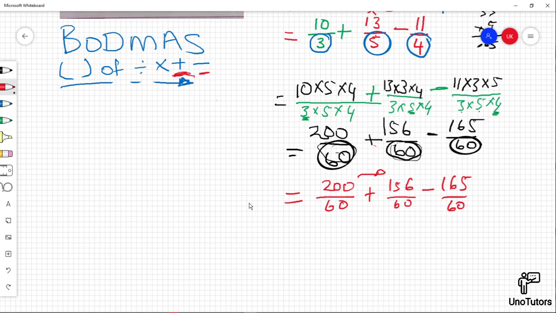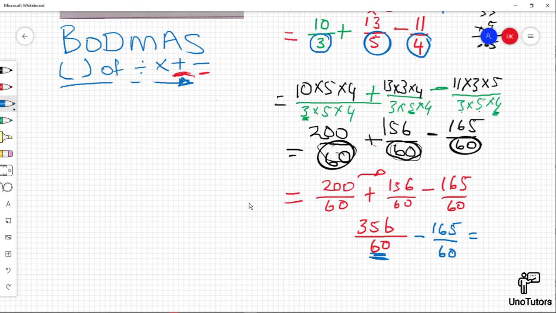Okay, so once you add, it will be 356 over 60. Very important, the numerator must not change. You don't add the bottom, only the top. Okay, only the top part. And then we minus 165 over 60, which will then be, let's just do that.